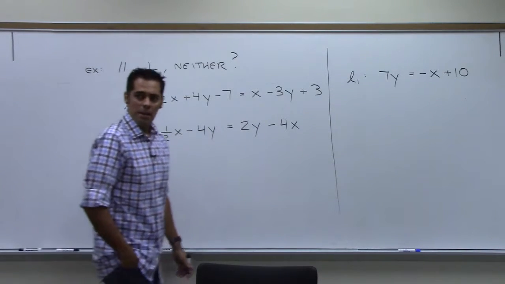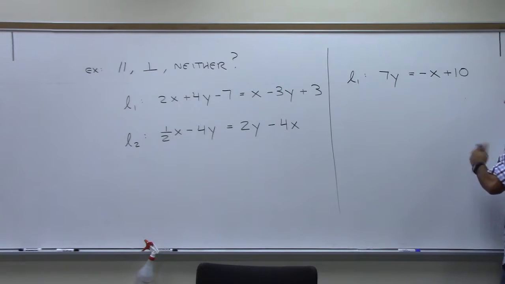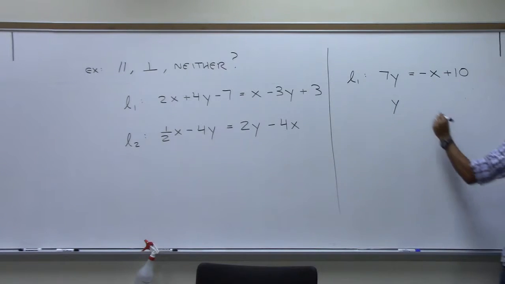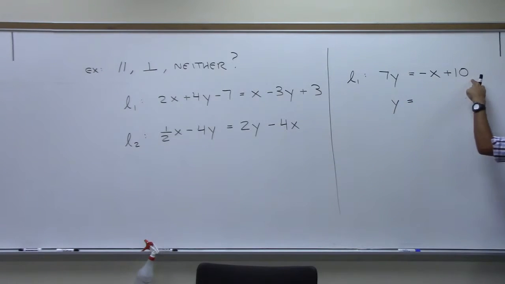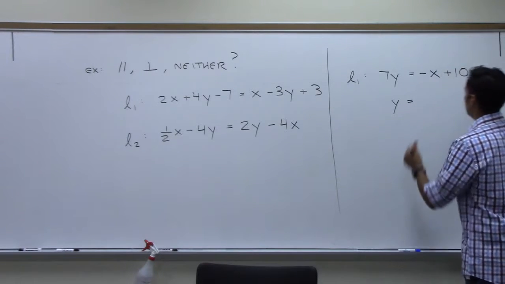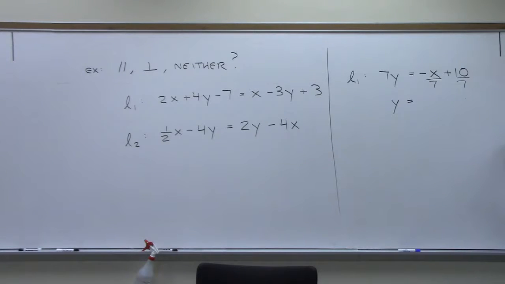We have to get y by itself. To get y by itself, I need to get rid of the 7 that's being multiplied. So I divide through by 7, don't I? Now when you divide 7 on this side, you could write it like that. But instead, I'm going to do something equivalent, which is to divide each term by 7. That's the same exact operation.